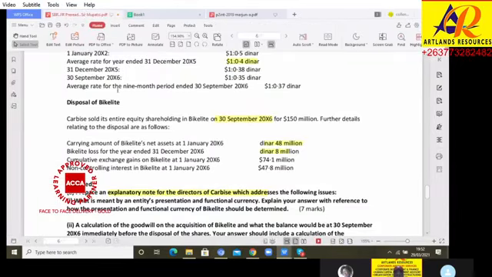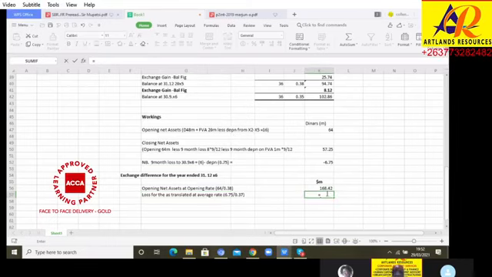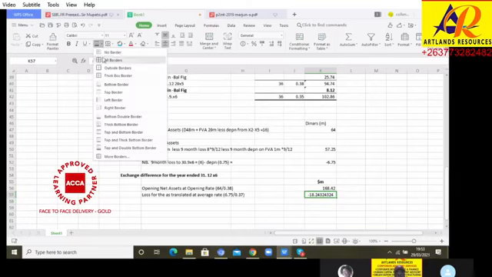No wonder you are given average for 9 months to 30 September, 0.37. So you translate at 0.37. You say equals 6.75 divided by minus 0.37.